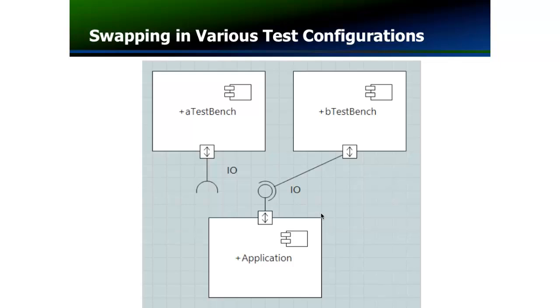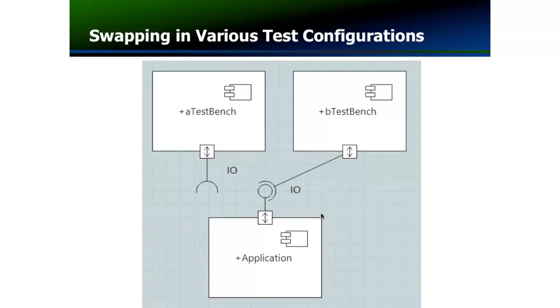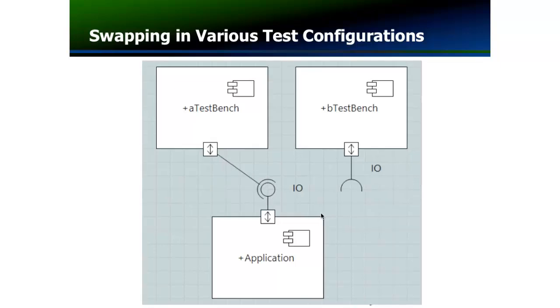But it's just as easy to unwire that one and wire up the A test bench. What this allows me to do is to swap in various test configurations without much effort at all. I just need to create multiple configurations referencing these components. So I don't need to remodel or disconnect and reconnect anything.